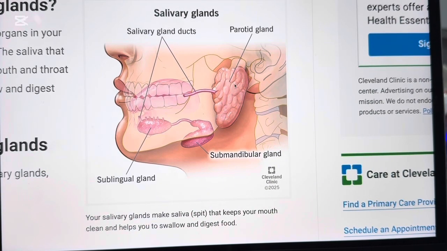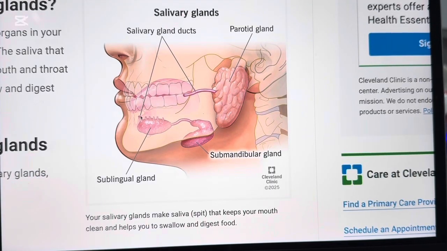You see, parotid gland is located in front of the ears, and submandibular gland is located just below our jaw, isn't it? And sublingual gland is located under the tongue.